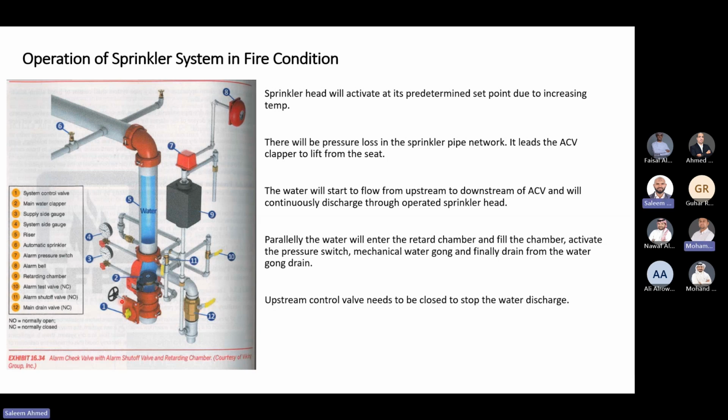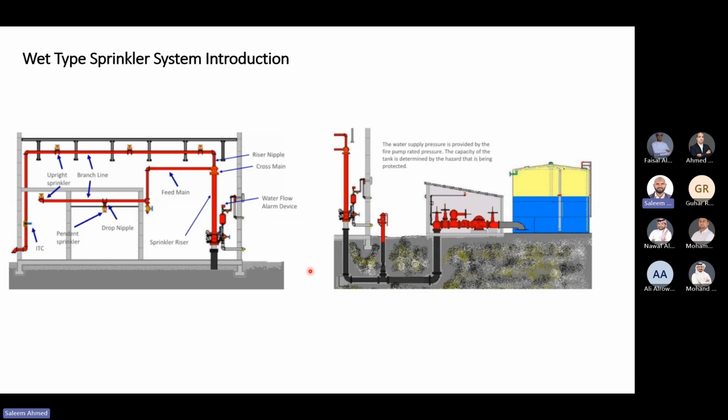The first question, why it is needed here: if I go back to the previous slide, from here, if you are feeding from the water tank to this line, the check valve is nothing but a one-way valve. Once the water has been topped up, it will not drop down. That is the purpose, to prevent the backflow.